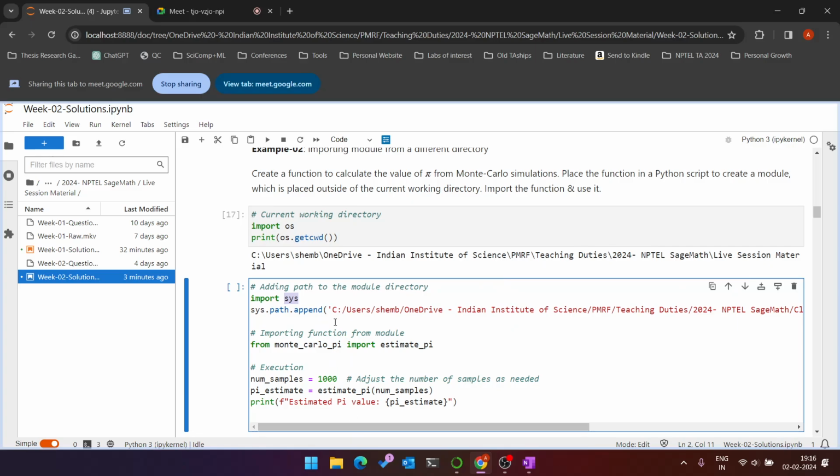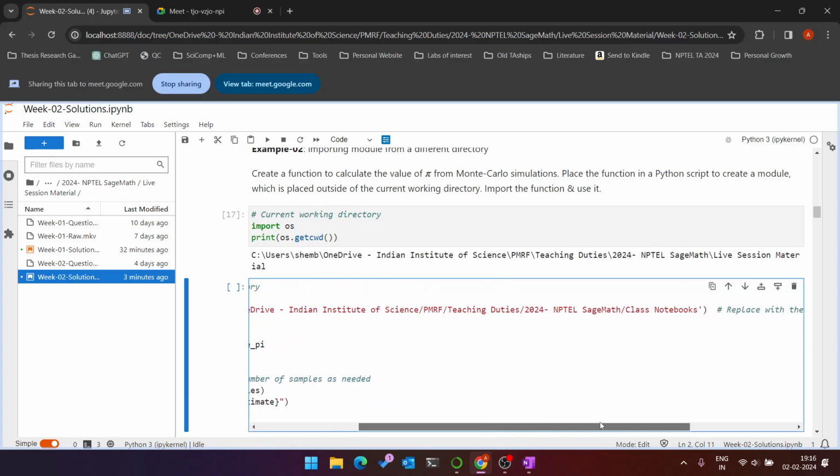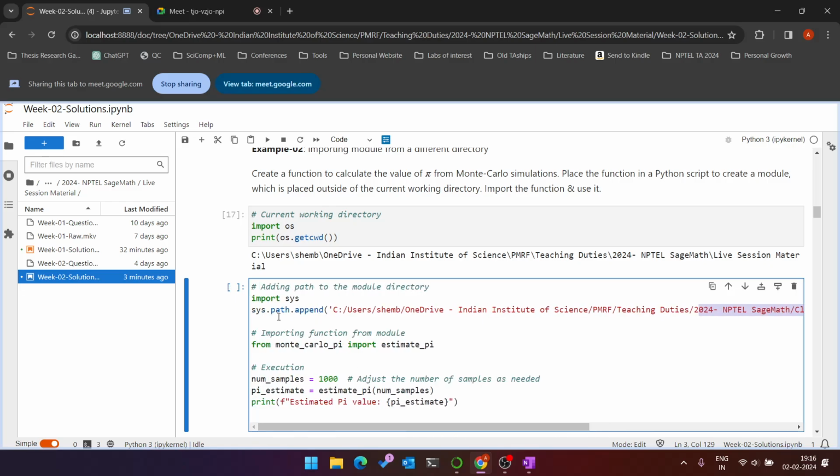So I'm placing the directory name which we just saw, 2024 NPTEL SageMath class notebooks. This is being added to our current path using the sys module.